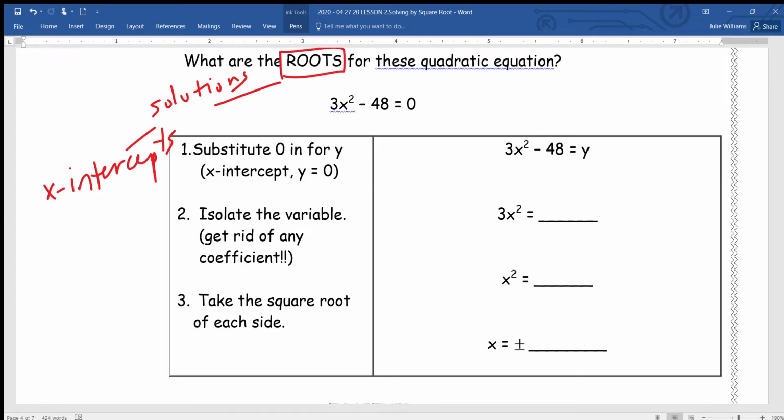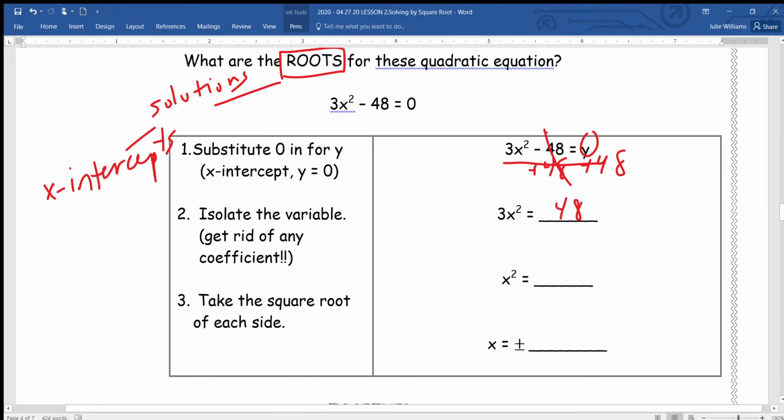Okay, so I substitute 0 in for this. So now I have 3x squared minus 48 equals 0. So I need to isolate the variable again, so I add the 48 to both sides. So I get 3x squared equals 48. But I need to get the x squared by itself.